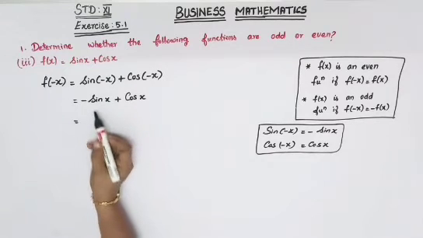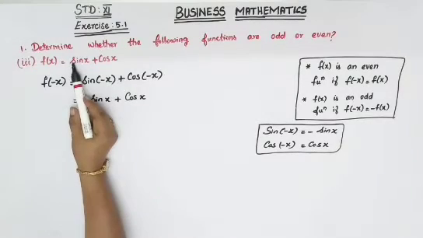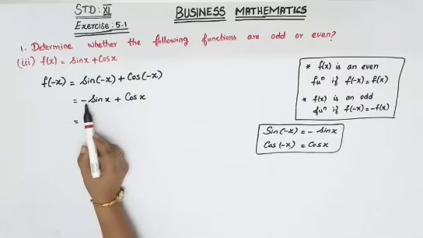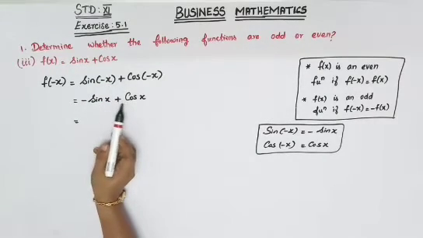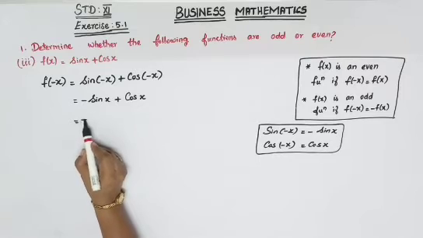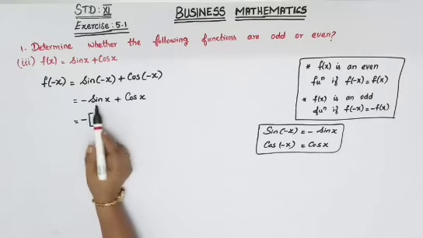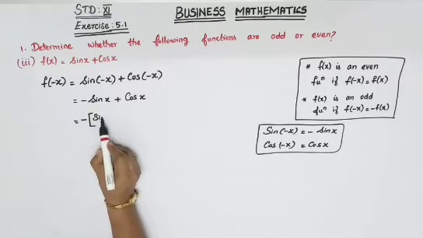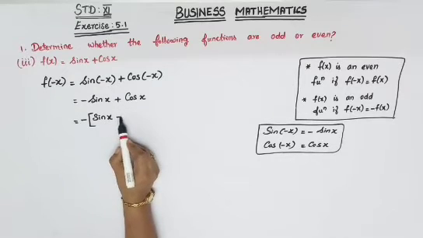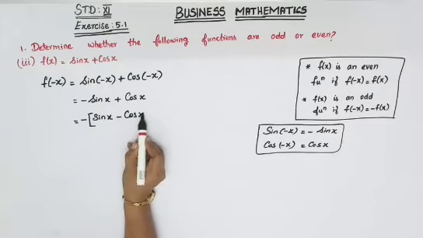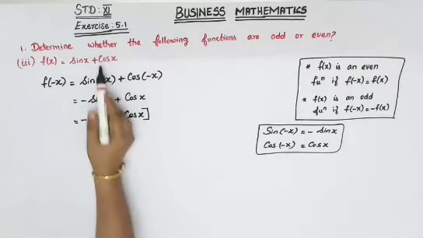Now just see, in your question, plus is there, plus sin x plus cos x, but we have got minus sin x plus cos x. If you remove minus out also, this will become plus sin x, but cos x will become minus cos x. Again you will not get your question back.